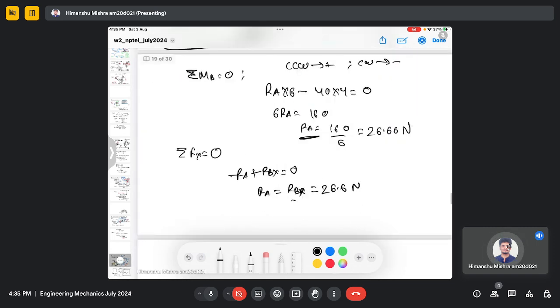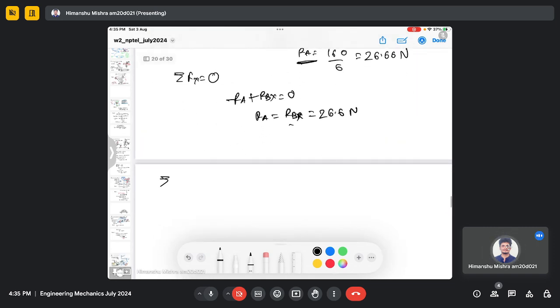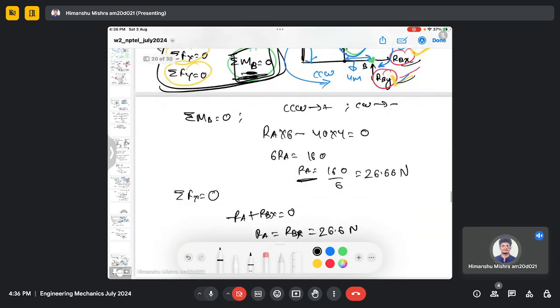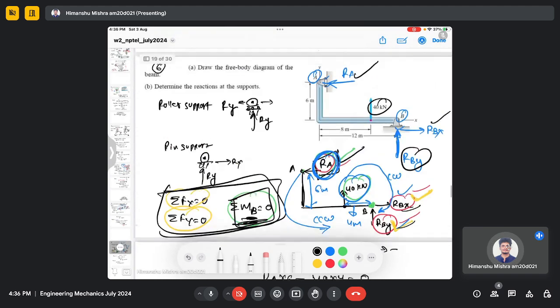Then we do the summation of forces in the y direction and equate it to 0. So we have forces 40 and Rby in the y direction, and both are in the same direction.